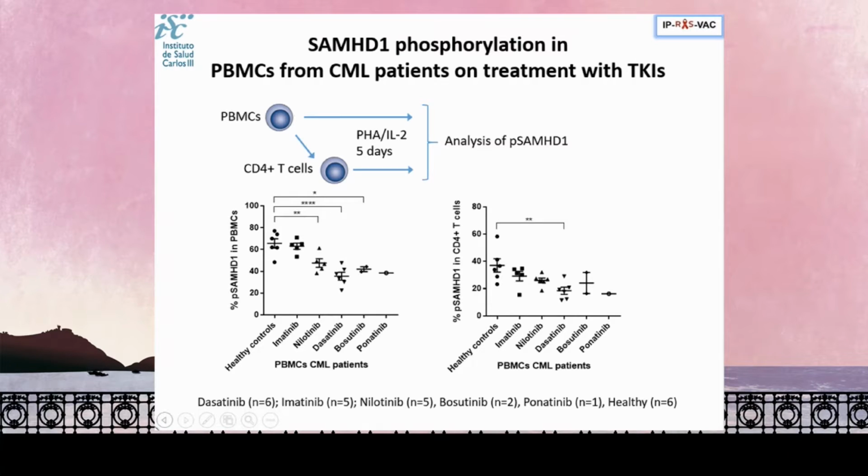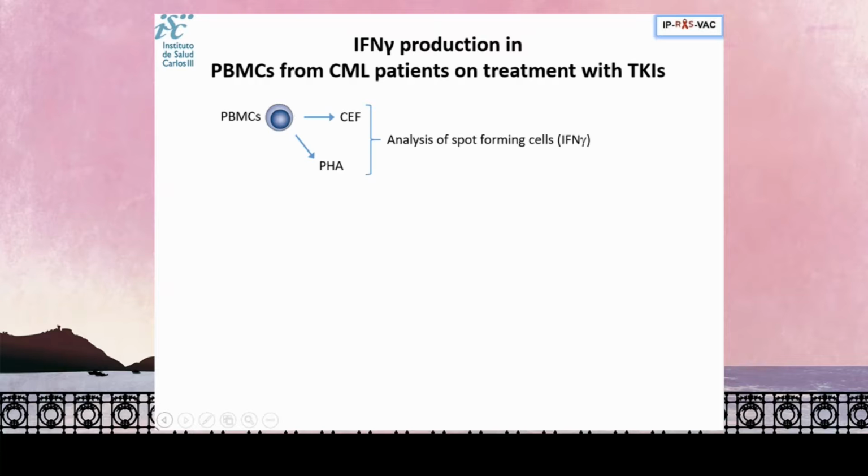Because CD8 T cells also express LCK and are very important for the control of infection during the acute phase, we were worried about the possibility of inactivation of the CD8 cells at this point.